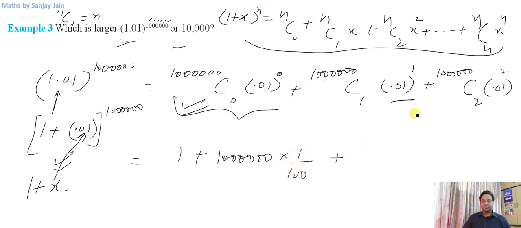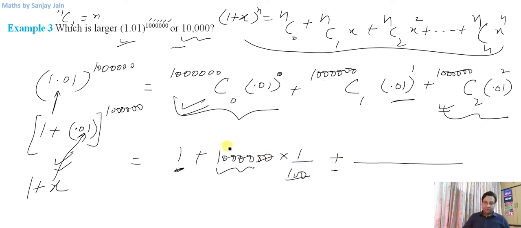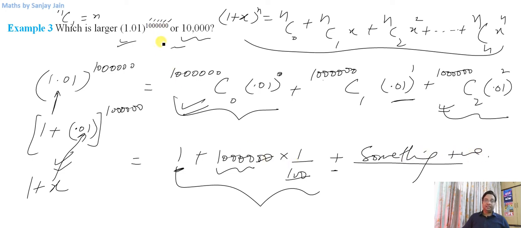Then plus. Do I need to think about the third term? Let us check. 10,000. So if I cancel these two zeros, this is 10,000 plus 1 already. Now I will be adding some more terms here, which are positive terms. So this plus something positive is definitely greater than 10,000.